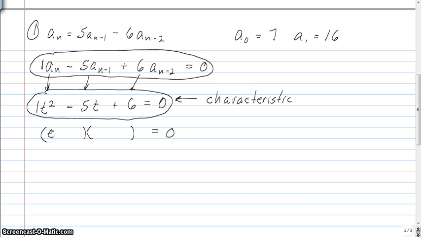What matters is that now this is a nice factorable quadratic, and we get two solutions to the characteristic.